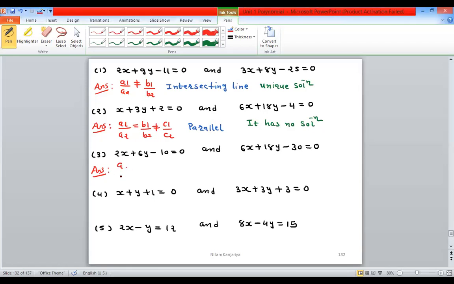It's A1 upon A2 is equal to B1 upon B2, and again it is equal to C1 upon C2. So the lines are coincident. When the lines are coincident, it gives you infinitely many solutions.